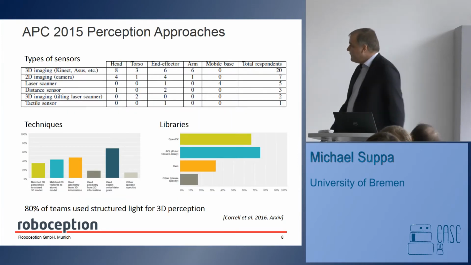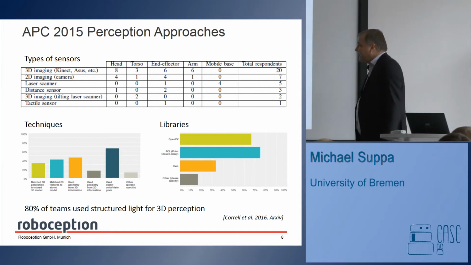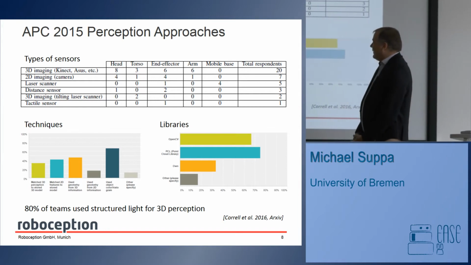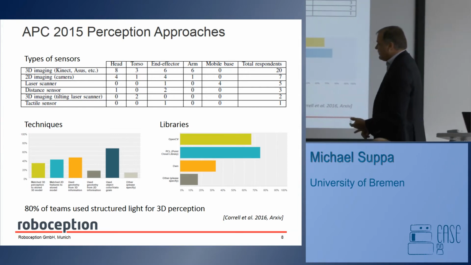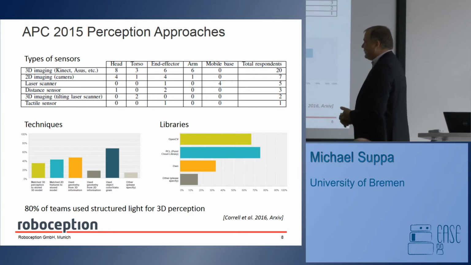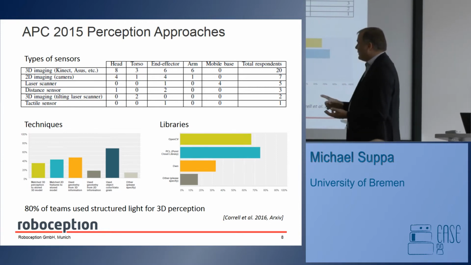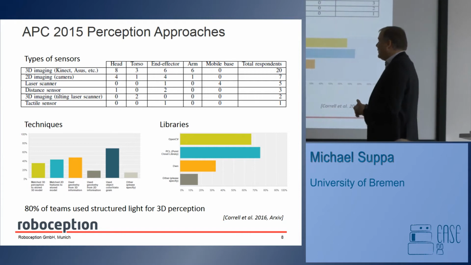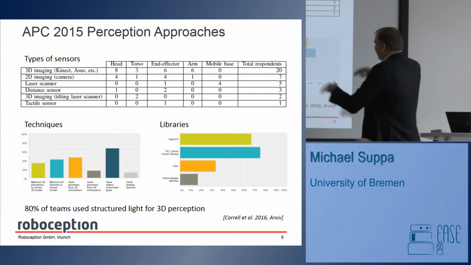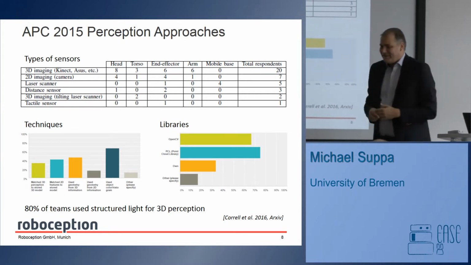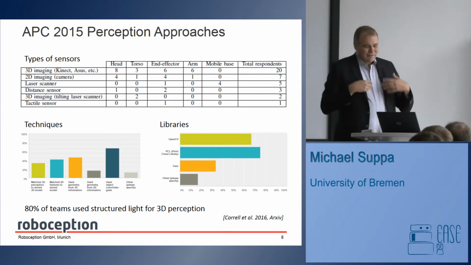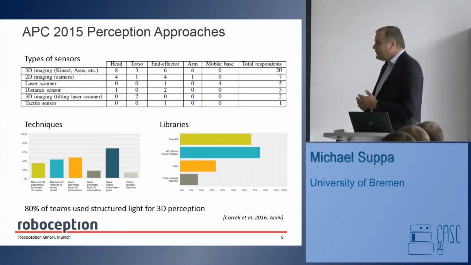You can also see that they had a lot of different sensors there. You have 3D imaging, Kinect, ASUS, regular cameras, some using laser scanners, distance sensors, also some tactile sensors. They placed them everywhere they could. The idea was more or less that more sensors are good.